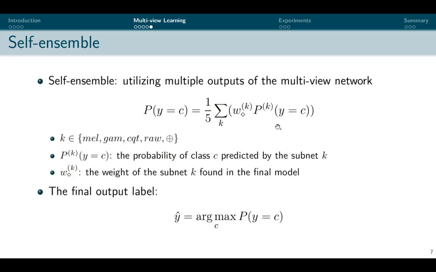Then we compute the weighted sum of the probability outputs across all the subnets, where the weight W*_k represents the optimal weight that we found in the final model. Eventually we obtain the probability output of the self-ensemble, and the final label is obtained by maximizing the ensemble probability output.